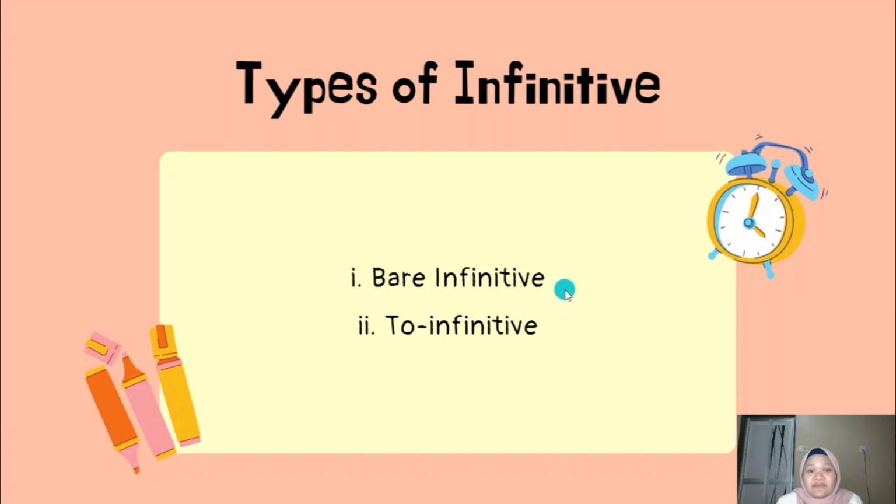This is just a small note for you: bare infinitive is the one without the participle to, and to infinitive is where we use the word to as well. For further explanation, let us take a look at the next slide.